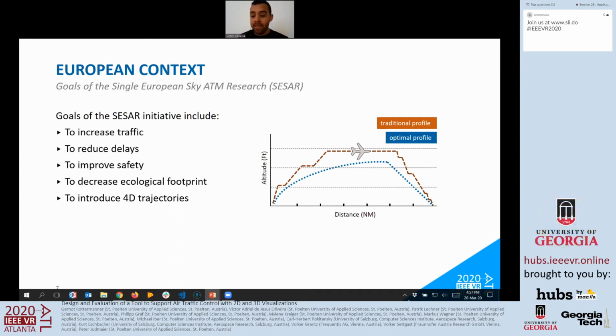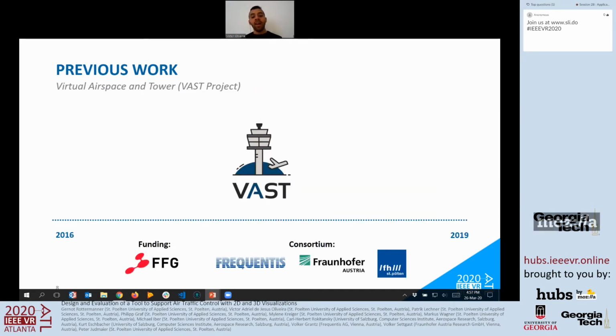To be able to get that, we have been researching and exploring different concepts for visualizing air traffic to support controllers in doing this job better. In the context of our project, the Virtual Airspace and Tower, we have been running for 2.5 years since 2016 under the funding of the Austrian Research Promotion Agency.